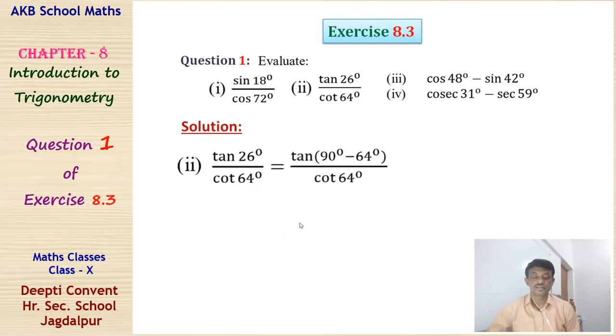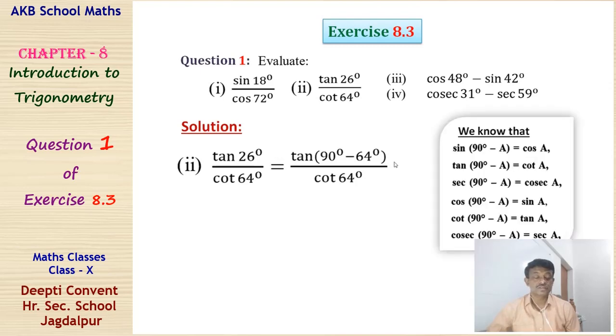Use this table: tan(90 minus A) equals cot A. So tan(90 minus 64) equals cot 64. So we write cot 64 upon cot 64, and the value is equal to 1. This is the use of the trigonometric ratios of complementary angles of A.